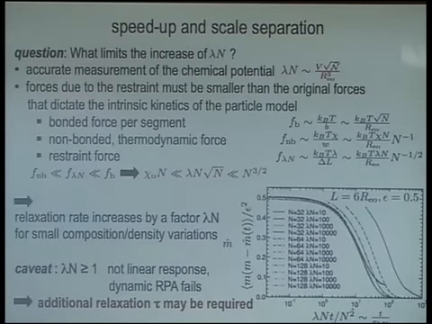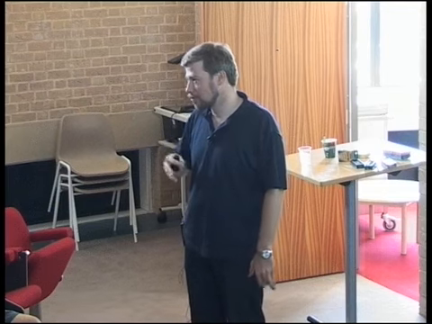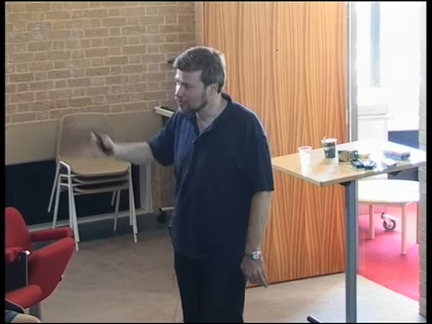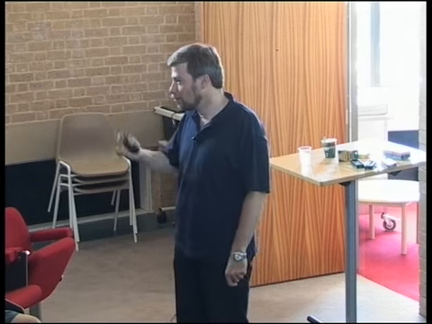There's, however, one catch, and the catch is, of course, at some point it has to break, and it breaks at this point where the strength of the restrained non-bonded forces becomes comparable to the strength of the bonded forces. Then you're certainly dead, because then you have to adjust your time step to the strong non-bonded forces.